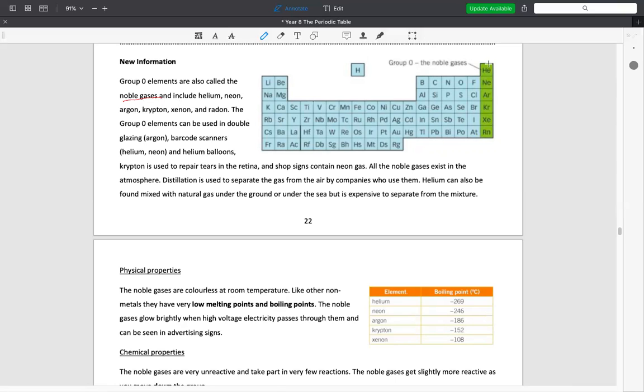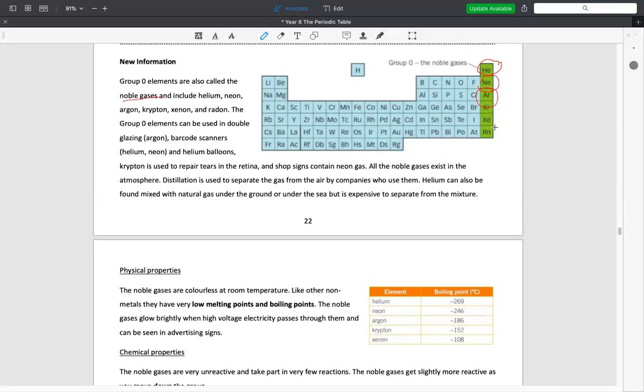So we have helium, which you might be familiar with because it's used in helium balloons. We have neon, which is used in advertising lights. We have argon, which is used in double glazing. It keeps the house more insulated, keeps the heat in, the gap.